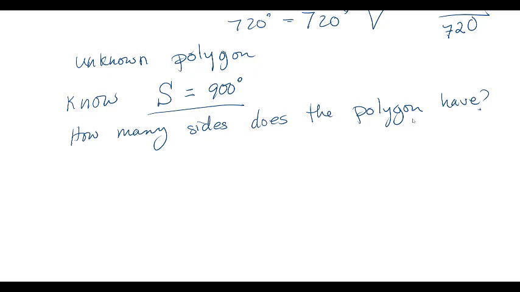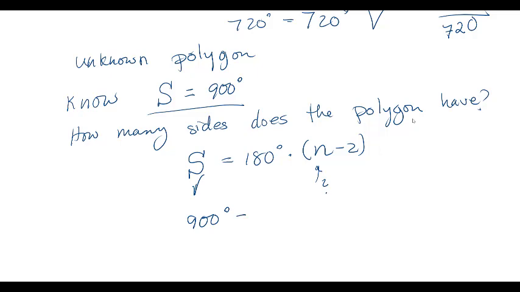Now, what we do know is that in general, the sum of all the angles equals 180 degrees times n minus 2. But in this case, we don't know n. This is not known, but we do know s. We do know the sum of our angles, and it is 900. So let's write that.